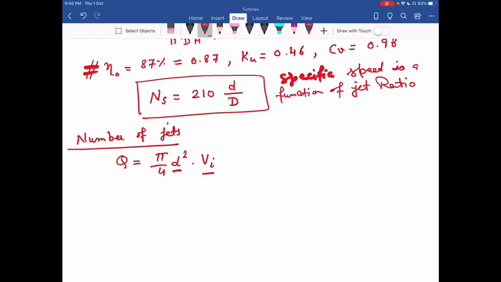So depending upon these two factors, we have the fixed value of number of jets. How can you see that? Now this Vi is given by Cv into under root of 2gh. I have a fixed value of h, so that means I have a limited value of Vi.